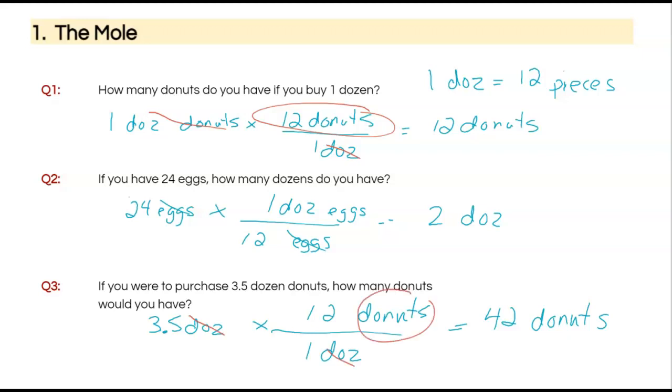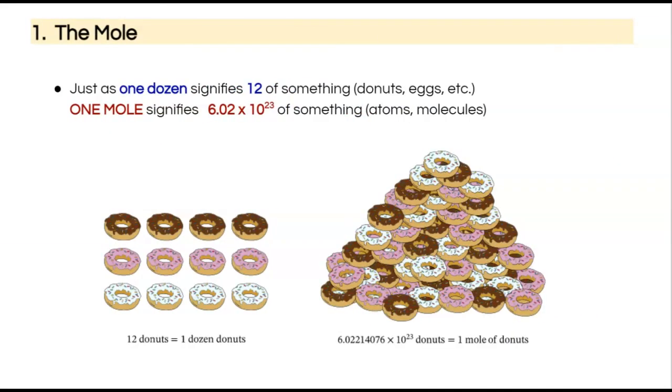Now, in the same way that a dozen means 12 pieces, in chemistry we have a collective term that, when we use it, signifies a very specific number.